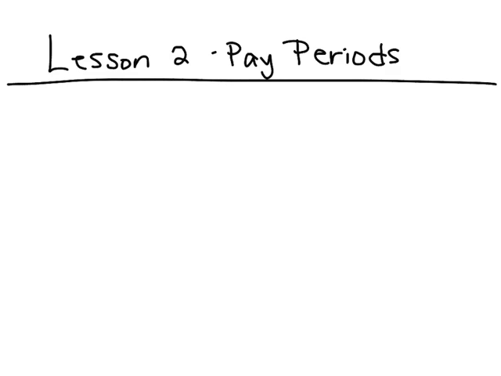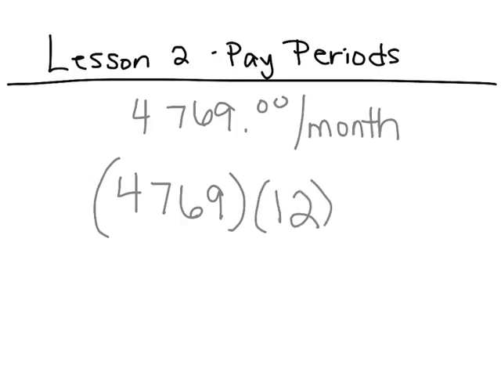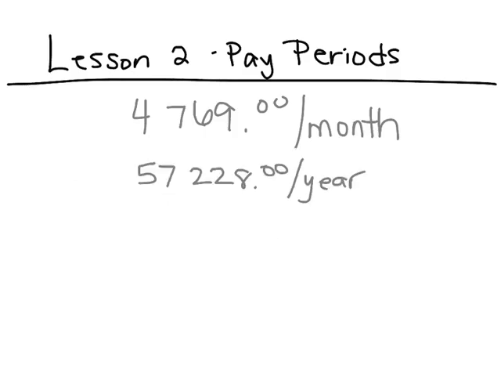Question 2. Christine is paid $4,769 as a pharmacist. This is per month. So how much does she make in a year? So we take 4,769, we multiply it by 12, and we get $57,228. So that was for part A. For part B, we want to figure out how much she's paid bi-weekly.